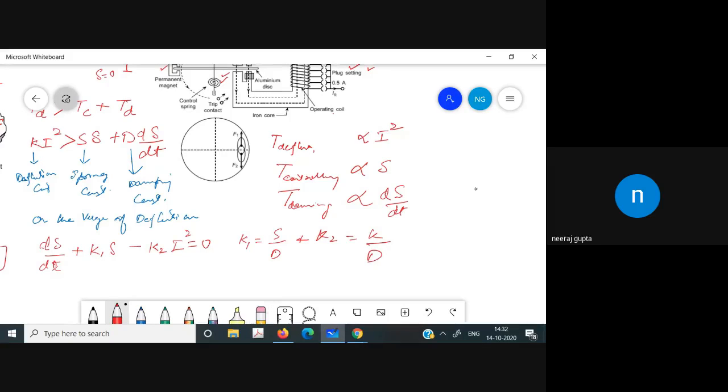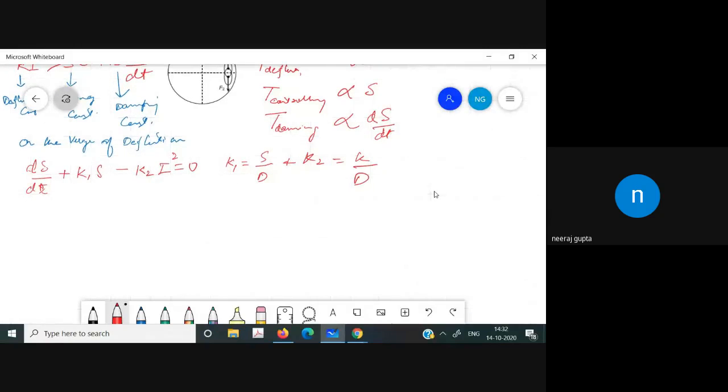Now, this is a first order differential equation, and as we know, its solution is given by delta equals k3 e to the minus t, minus k4. We have one more set of coefficients, k3 and k4.